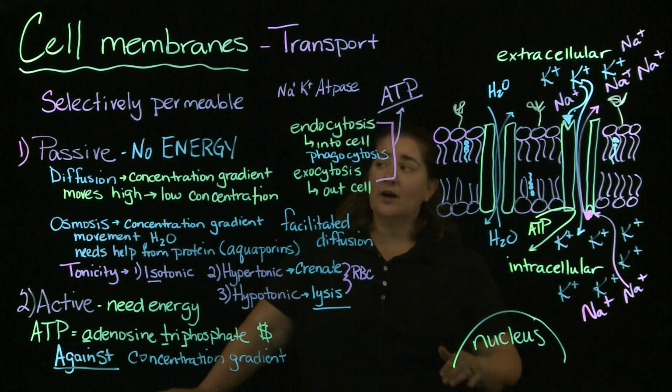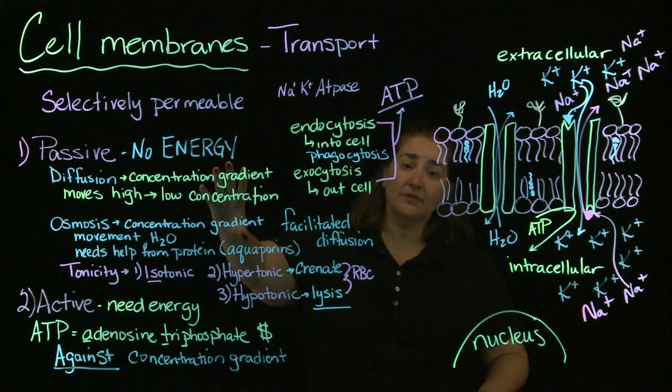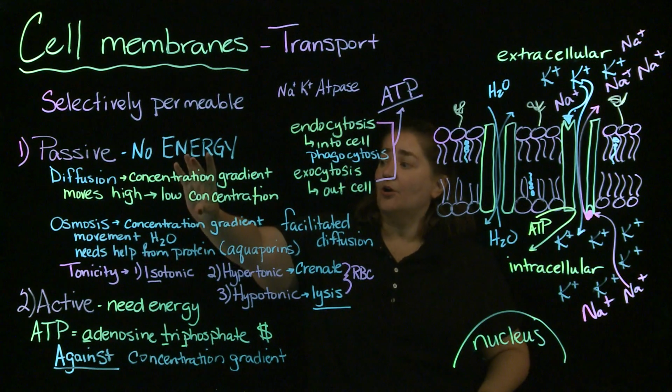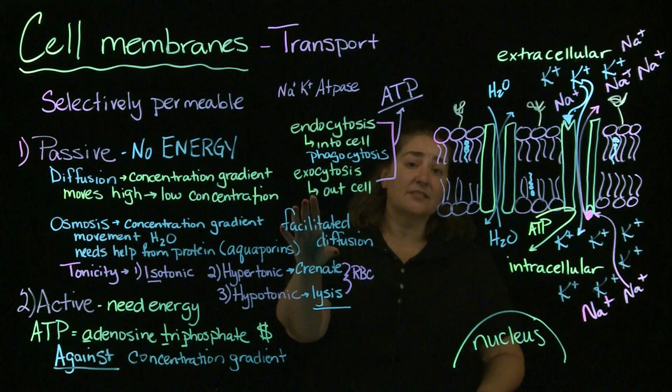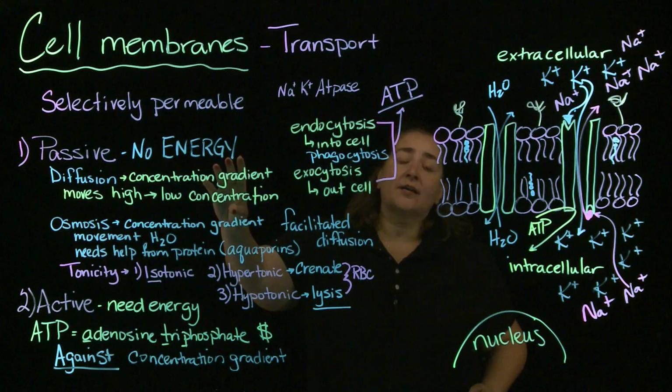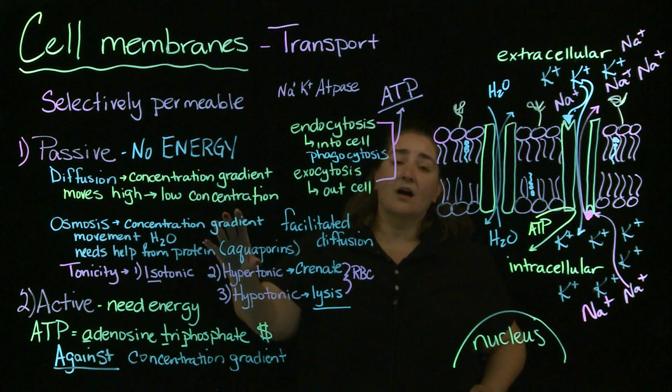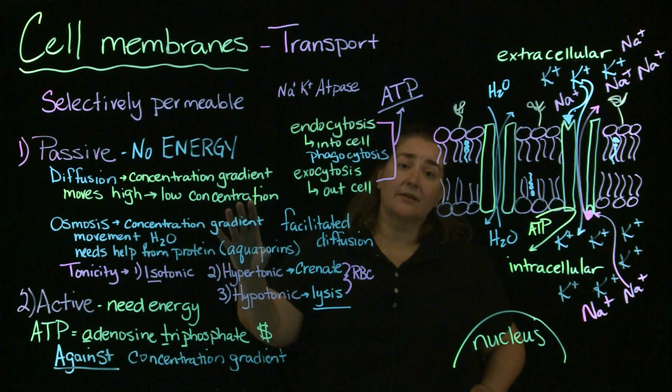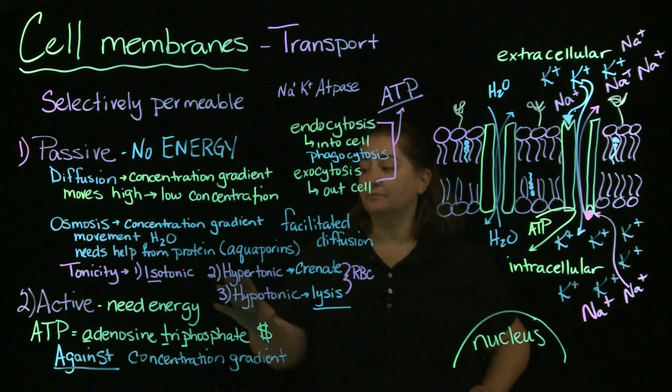So just to summarize, our passive types of transport are diffusion. A specific type of diffusion is facilitated diffusion if we use a protein. If we're talking about just moving across the cell membrane, it's diffusion. Osmosis, also talking about movement across a cell membrane, but with osmosis we're talking specifically water moving across a cell membrane, all right?